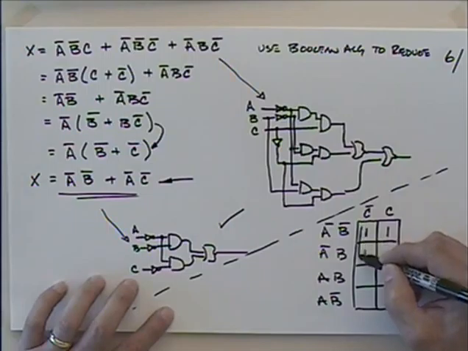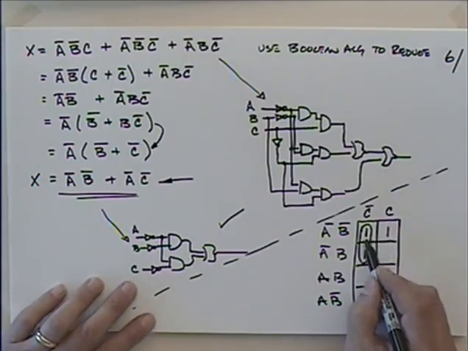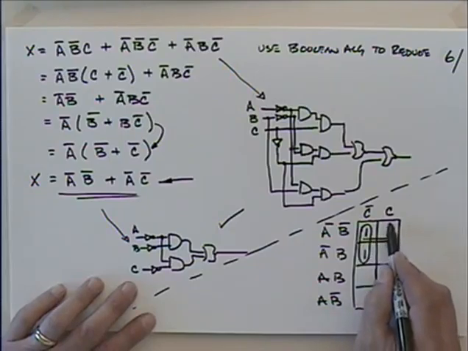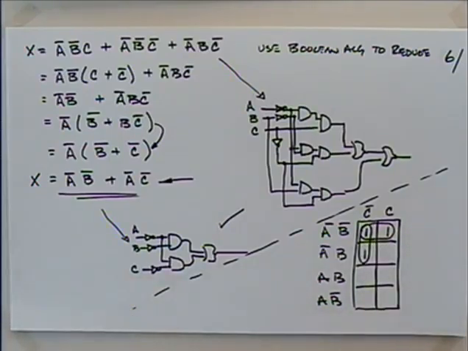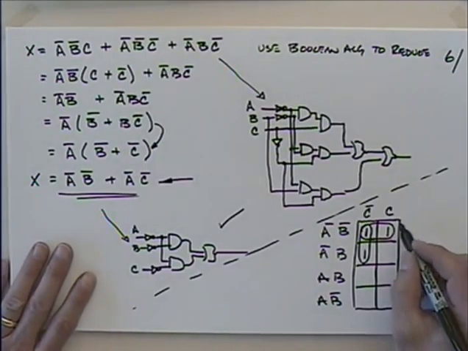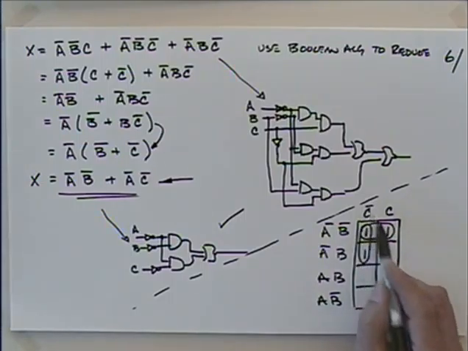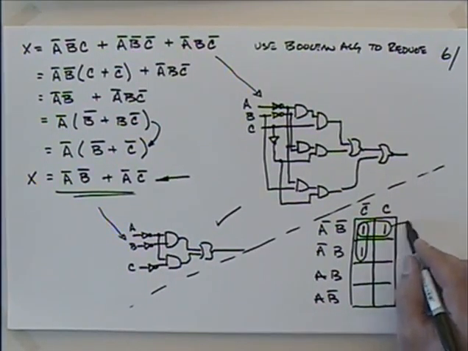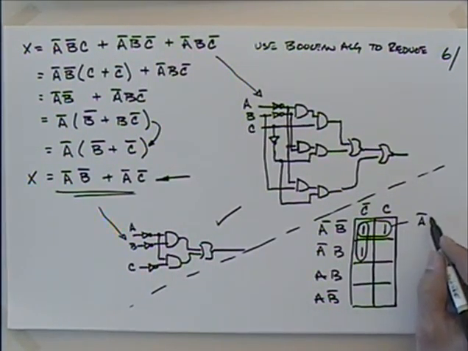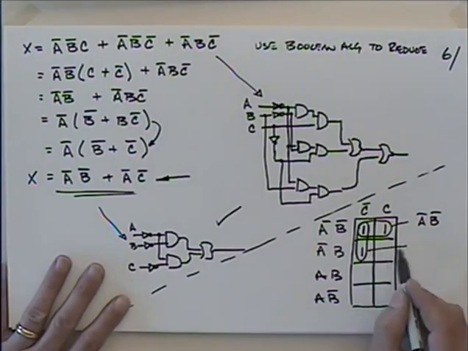Okay. Now I can circle 2s, I can circle 4s, circle 8s. So I'll circle that. What does this first circle really mean? Well, C doesn't matter because I have a circle there when I have not C and when I have C. So with this circle, I can say that I have a term that is not A, not B. And what's this circle here mean?